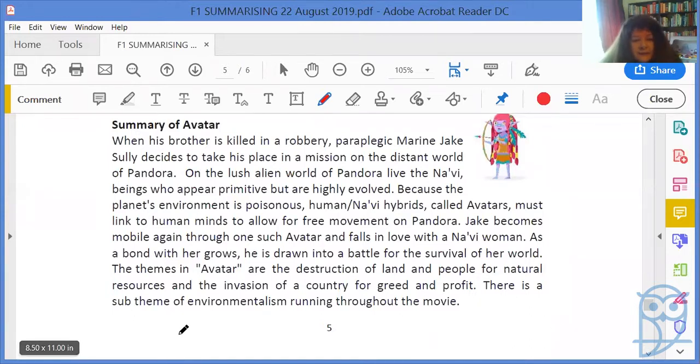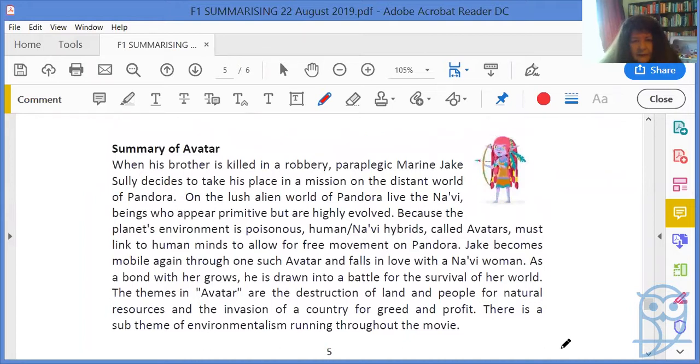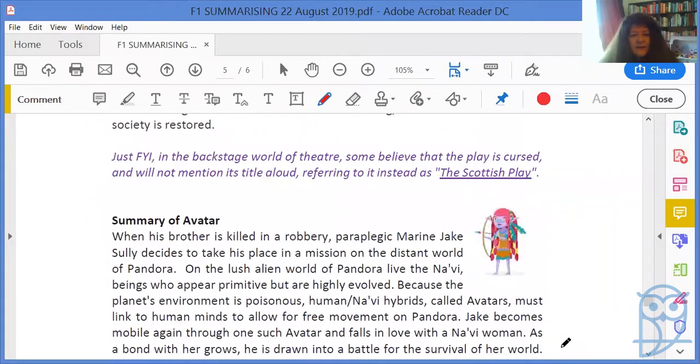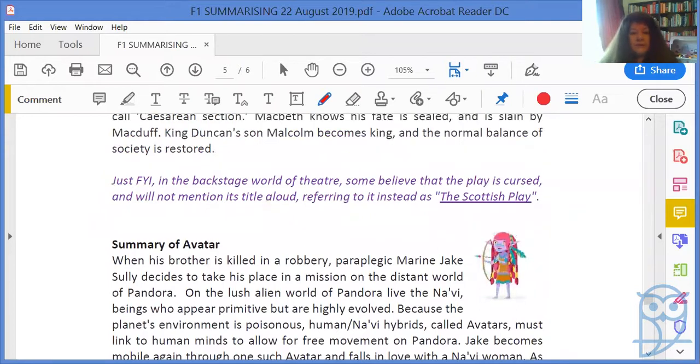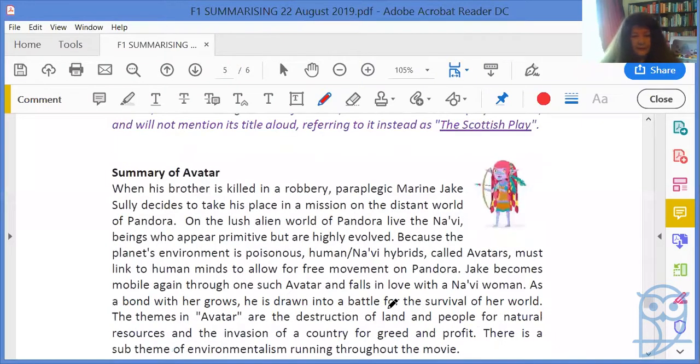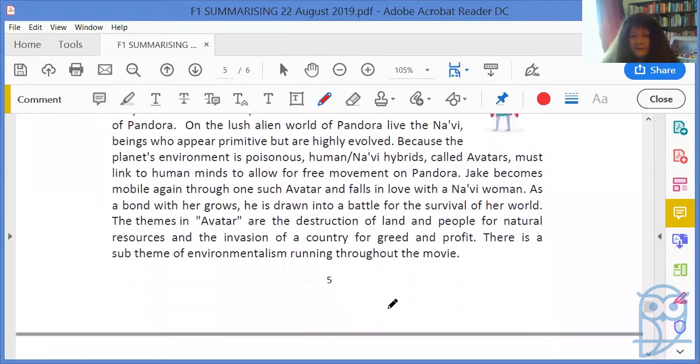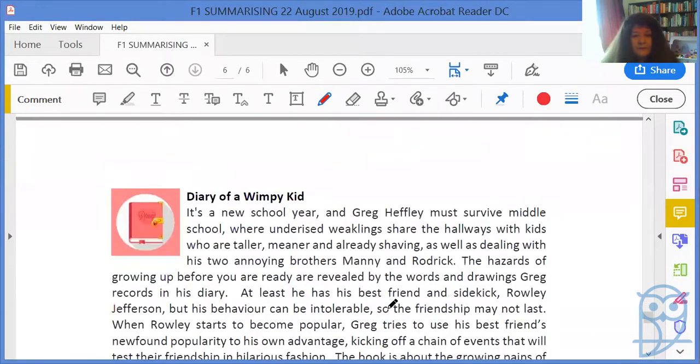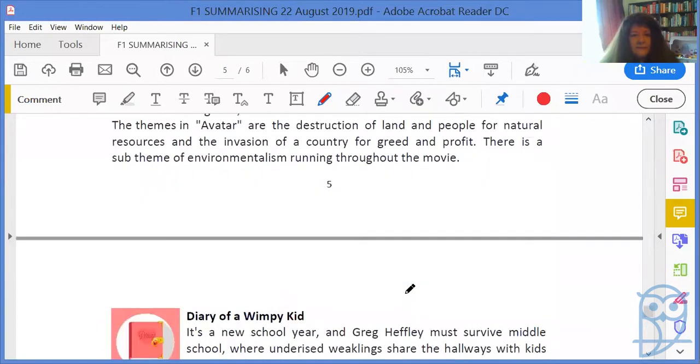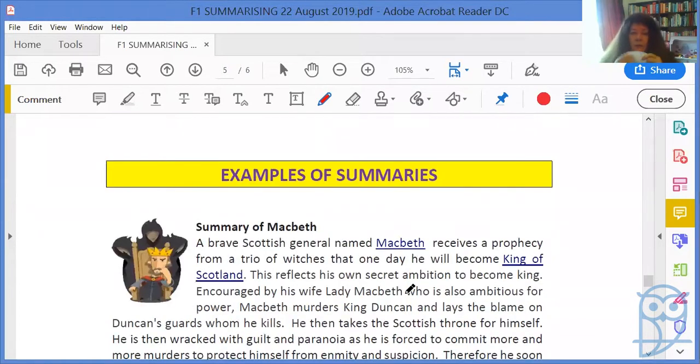Right, there's a sub-theme of environmentalism running throughout this movie as well. Okay, so there is just a brief summary of what happens in Avatar and what it's really about. Right, so we do have time to do another one very briefly. I wonder no one else has put anything else. Okay, so the Navi, thank you.